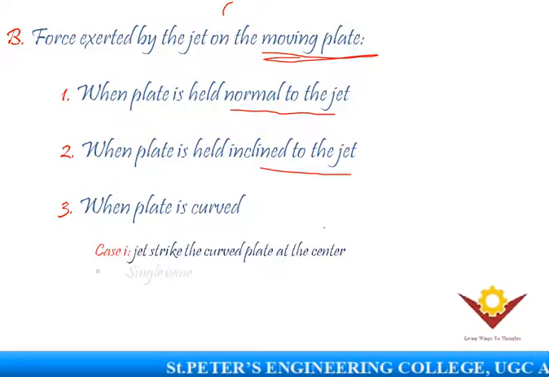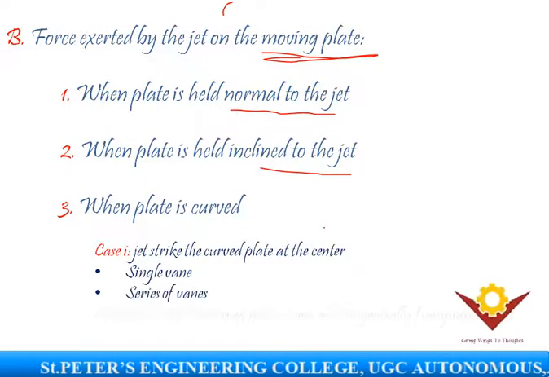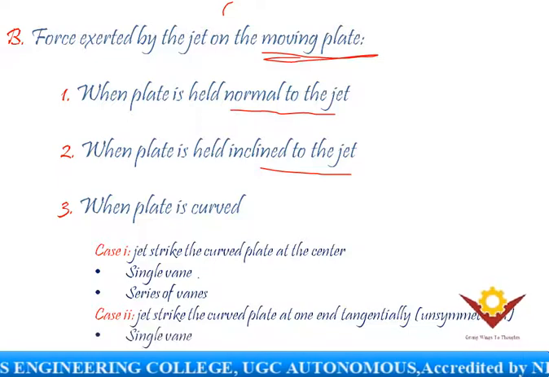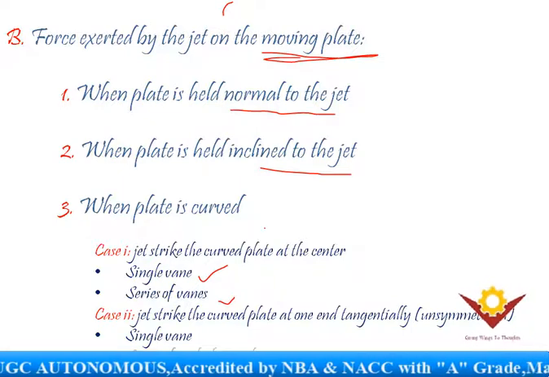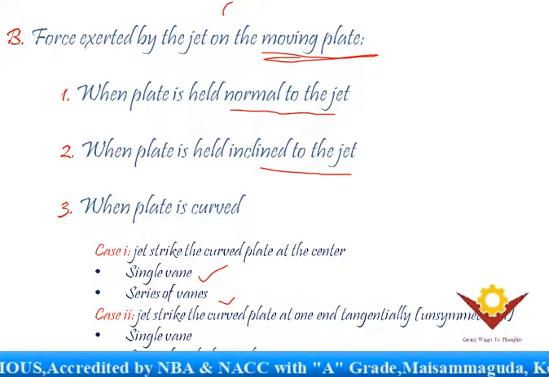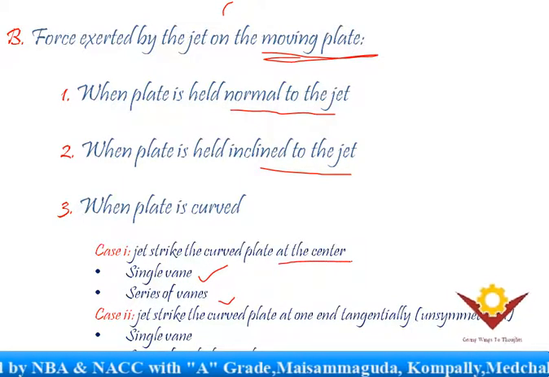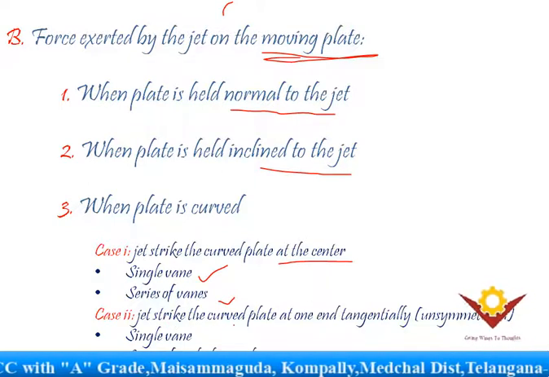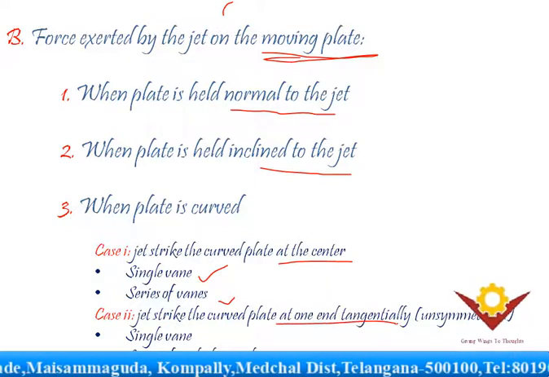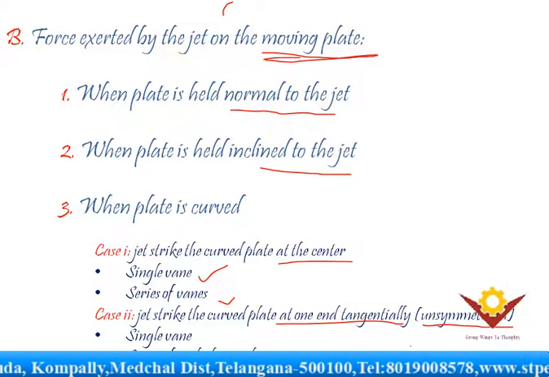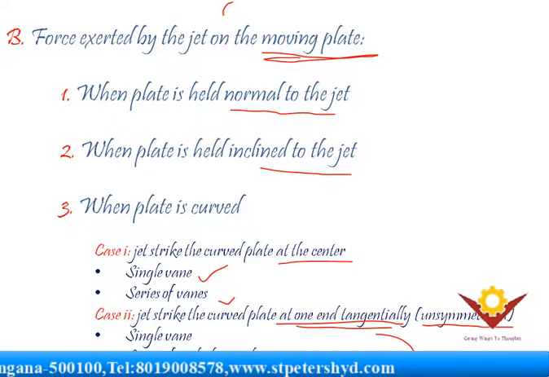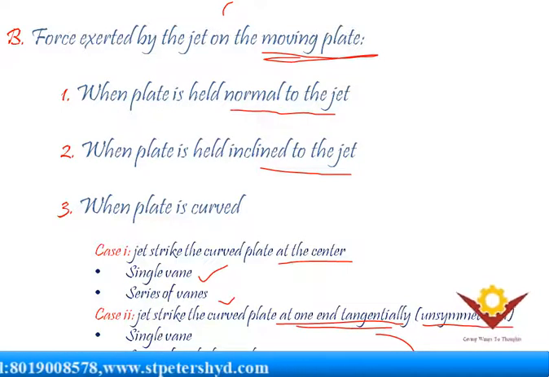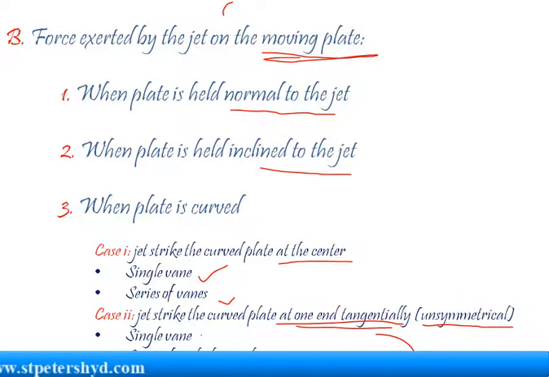Again in the curved we have two cases, and in each case we have a single vane and a series of vanes. In case one, the jet strikes the curved plate at the center, and in the second one the jet strikes the curved plate at one end tangentially, and that too is an unsymmetrical one. We know one end tangentially is nothing but the tip of your blade. In these again we have the single vane and the series of curved vanes.